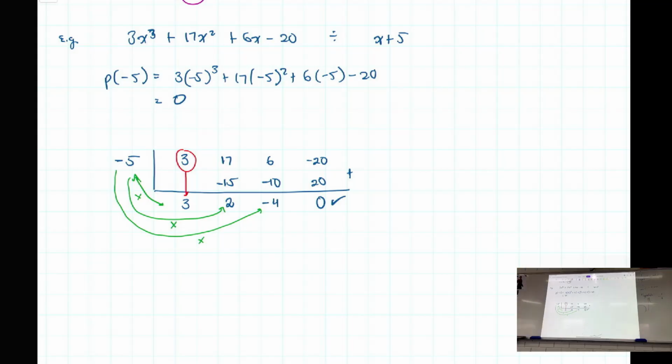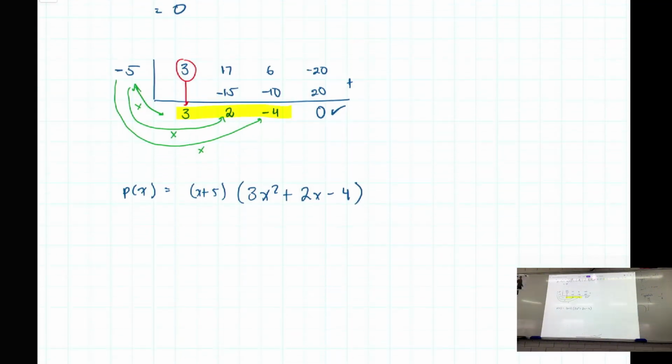Now again, I'm interested in this only. So my P of x would be what? Technically, I should be writing my first linear factor, which is x plus 5, right? Then 3x squared plus 2x minus 4. Yes?